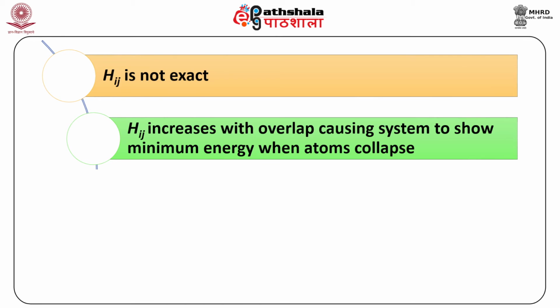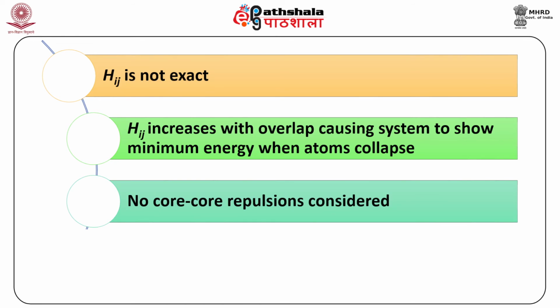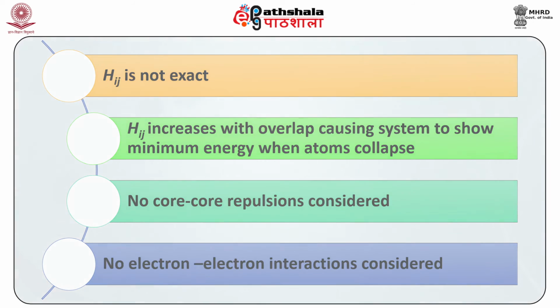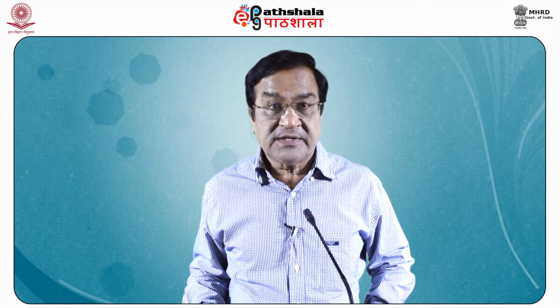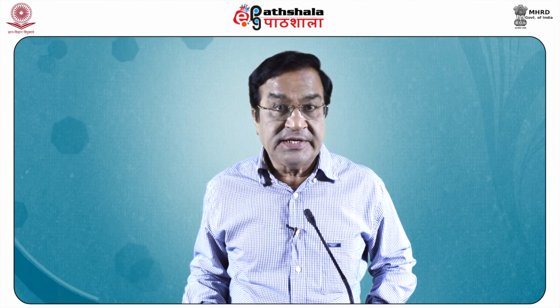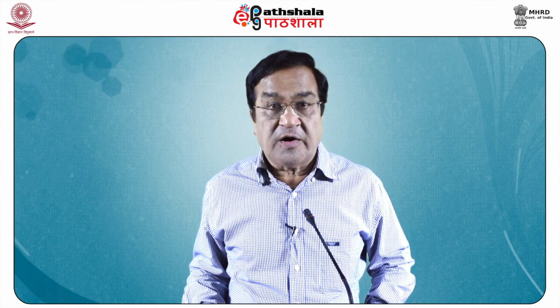So this is a major drawback. And third, no core-core electrons are considered, and no electron-electron interactions are considered in this approach as well. So these are some of the important drawbacks of extended Hückel theory of Hofmann.